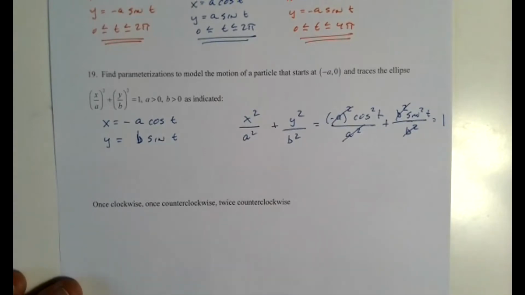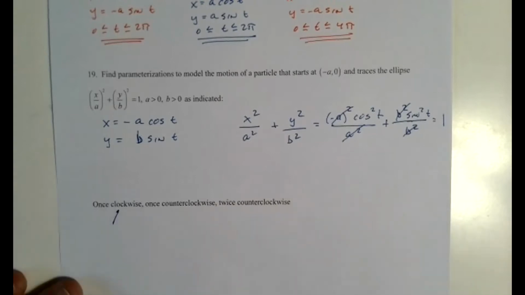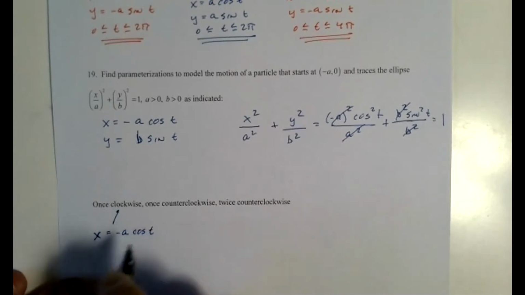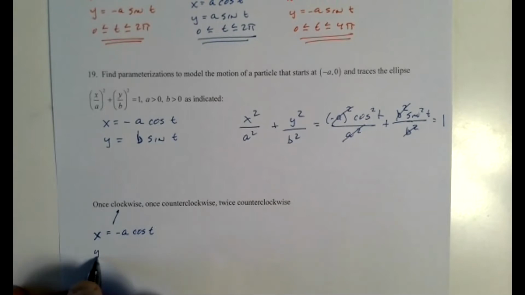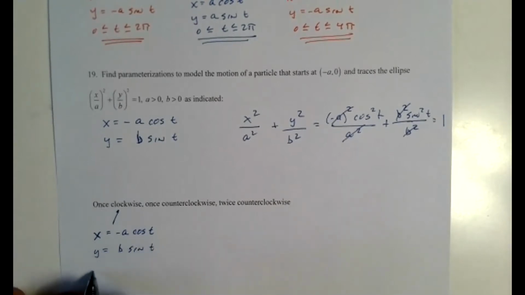Sure, whatever you say. So we've been here. x equals negative a cosine of t, y equals b sine of t, 0 less than or equal to t less than or equal to 2 pi.